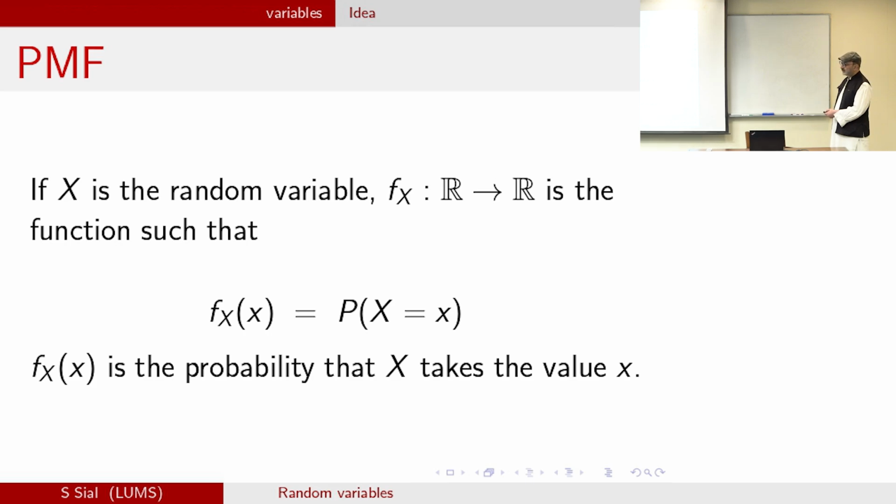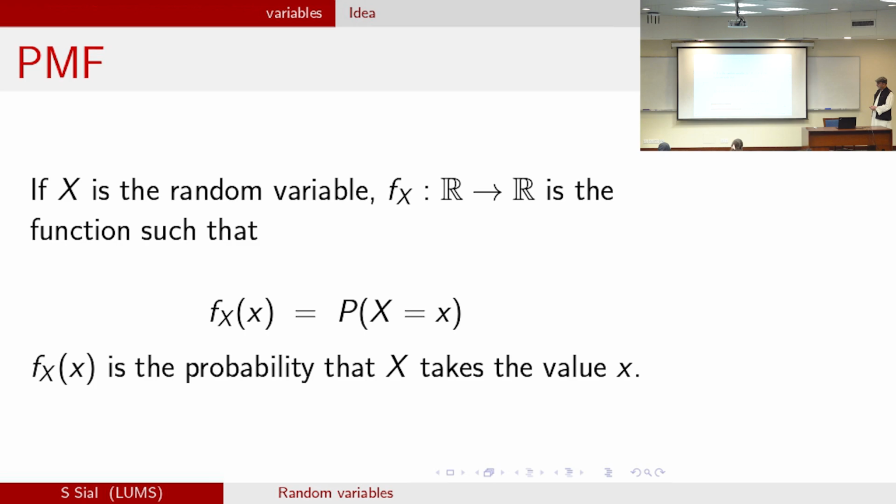And if I'm using capital X for the random variable, I will use f sub capital X for the probability mass function, right? And that's the function such that f sub x evaluated at small x is the probability that the random variable capital X takes that value small x. Okay? So that's what a probability mass function for a discrete random variable is.